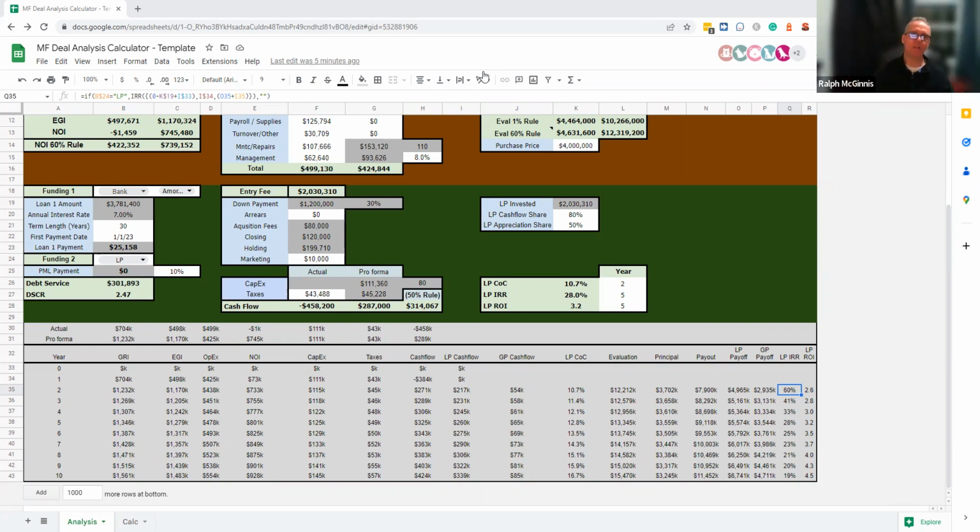So the bank is going to cover your primary loan, and then you might have seller finance, but anything else beyond your funding 1 and funding 2 will be your limited partner in the case of a syndication. It might be 100 limited partners. It might be 20 limited partners. So you'll have multiple limited partners that together will provide that entry fee. Does that answer your question, Sharon?